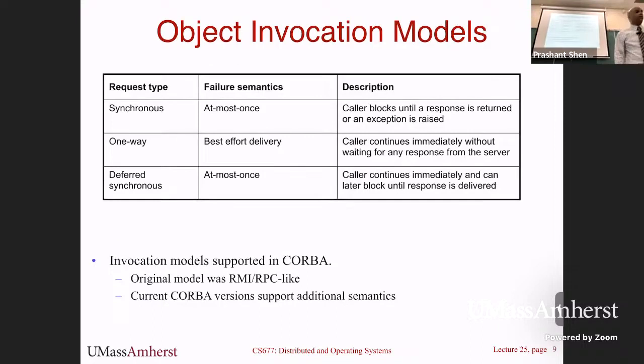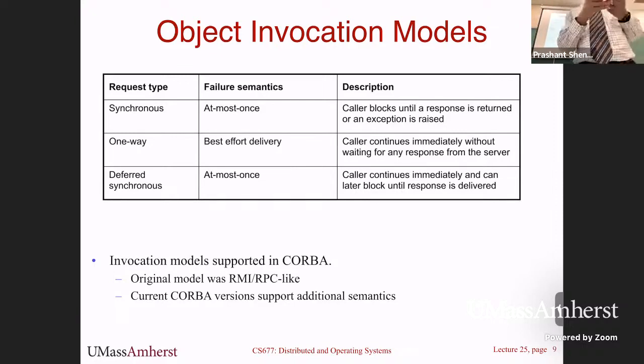And if you remember when we were talking about RPCs, I mentioned that you can have synchronous RPCs, one-way RPCs, deferred synchronous RPCs, and so on. CORBA supports all of those models. When you make an RPC request in CORBA, you have to specify: is this a synchronous call where the client is going to block and wait for an RPC reply?